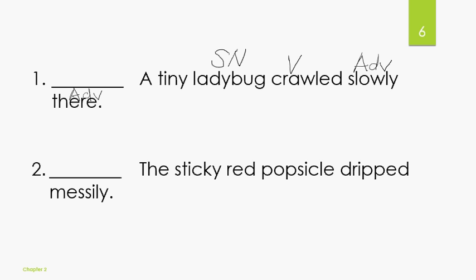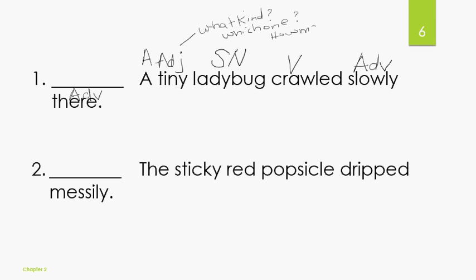Let's go back to ladybug. What kind of ladybug do we have? Tiny. Adjective. And the letter A is an article adjective. Let's just review a little bit. Remember that adjectives answer the questions what kind, which one, and how many.